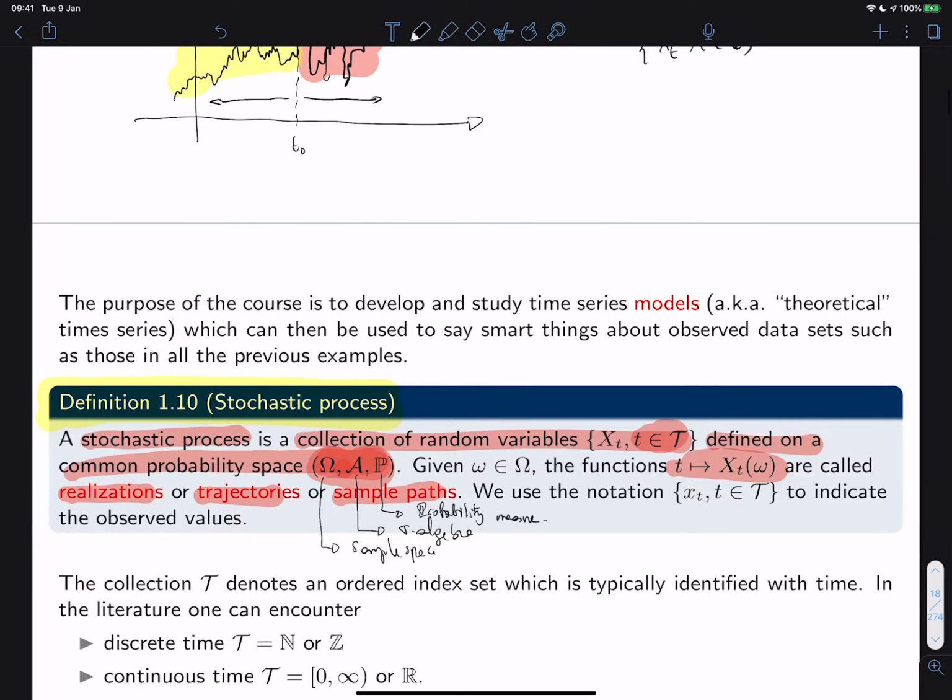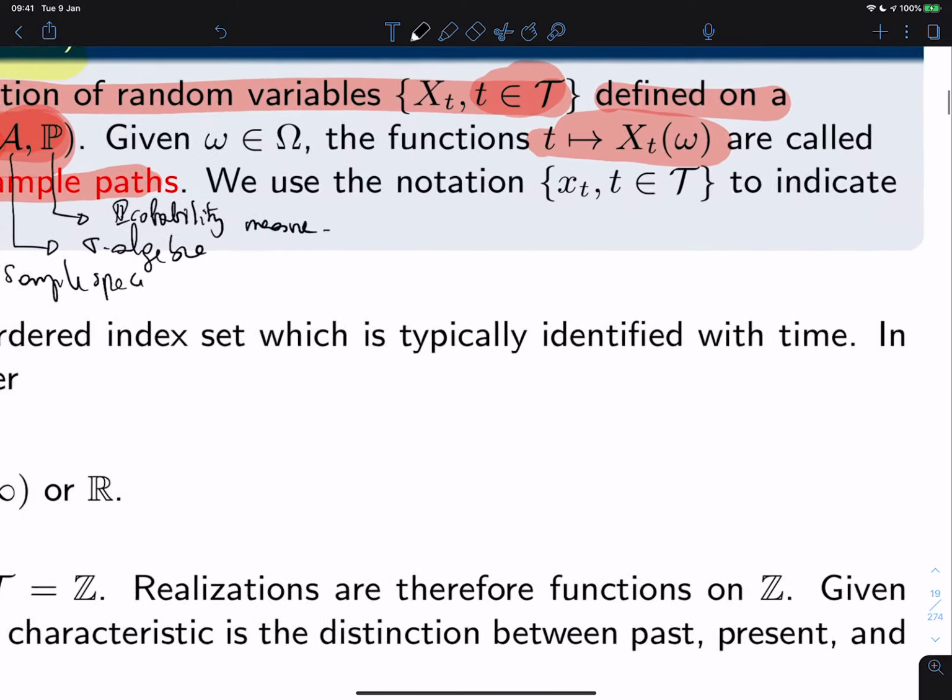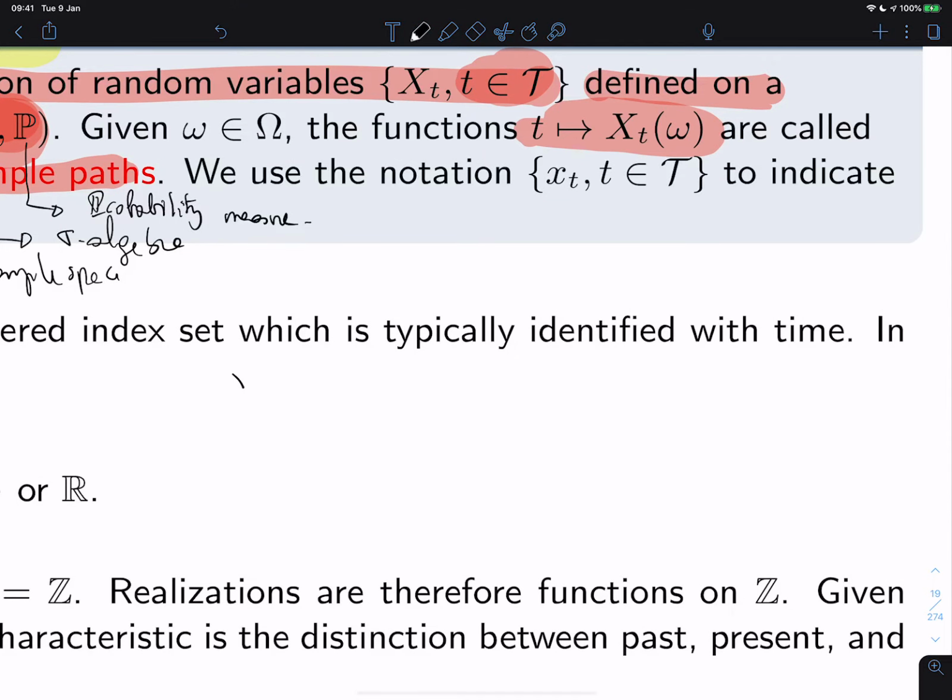So let's maybe give an example. Let's say that xt are, well, let's even take a simpler index set.